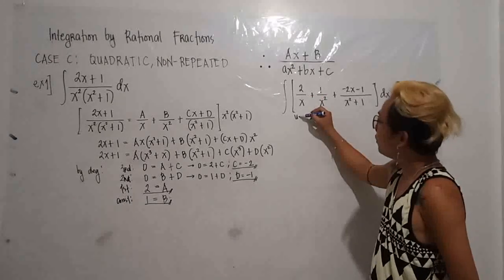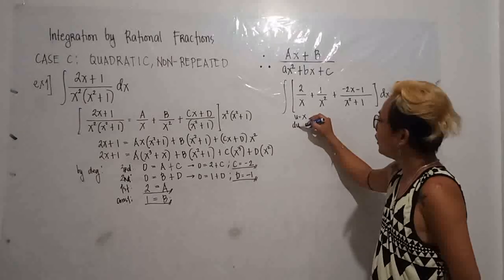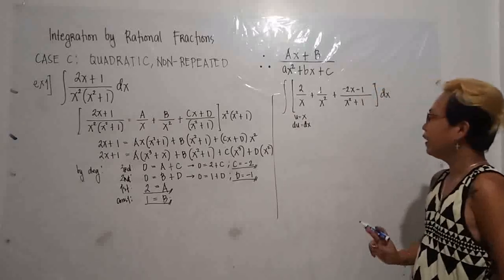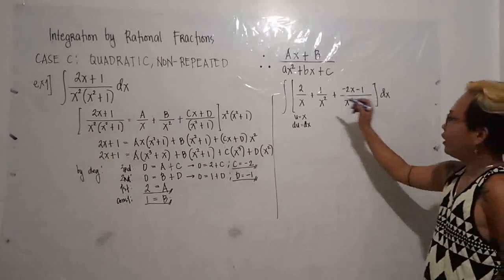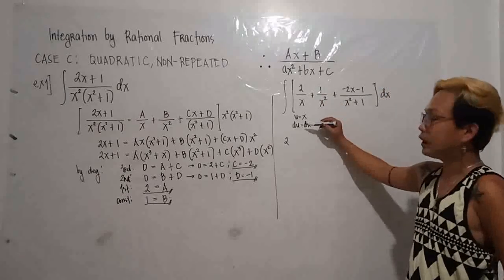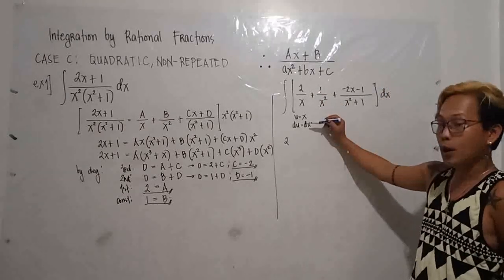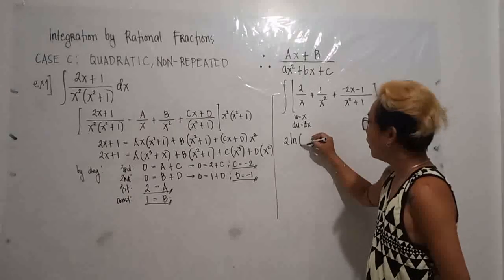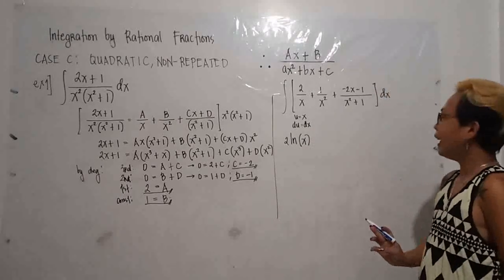If you let u as x, you will have your du as dx. So this is under of ln. Constant si 2, so pwede natin ilagay si 2. Then you will have dx over x, or du over u, which is ln of u, wherein your u is x, so that is ln of x.